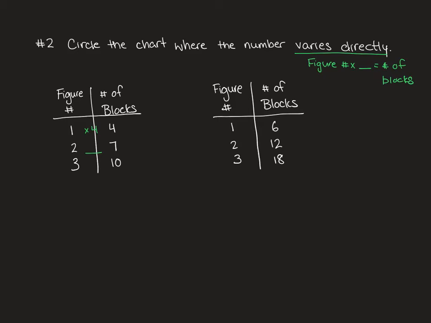In fact, there's no whole number that we could say 2 times this is 7, and there's no whole number that we could do that for 3 to 10. But if we look at our second one, 1 times 6 is 6, 2 times 6 is 12, and 3 times 6 is 18. So this chart does have direct variation, or the numbers vary directly.